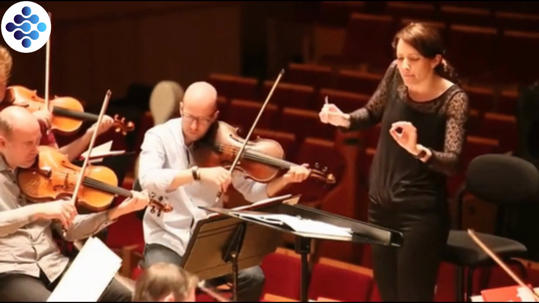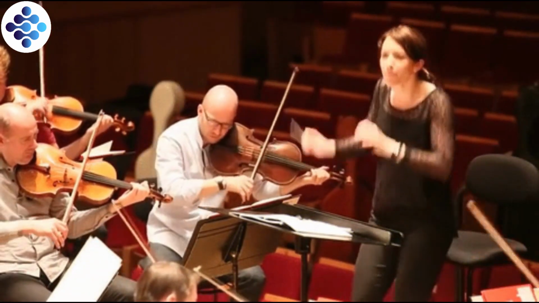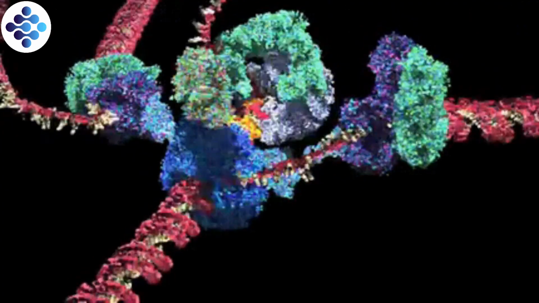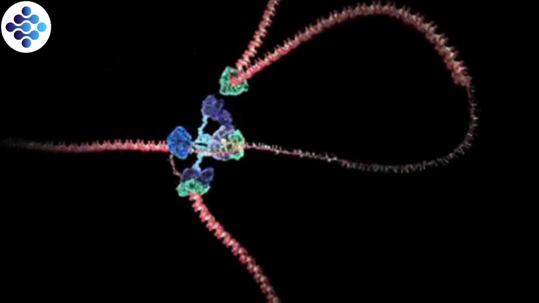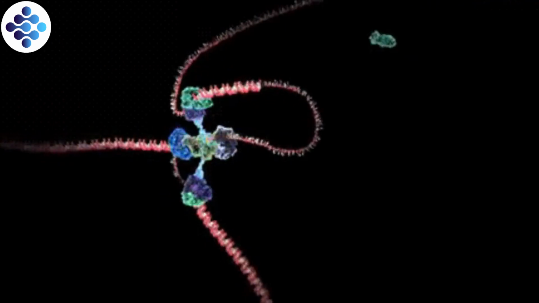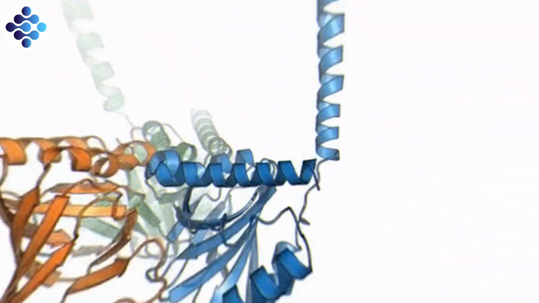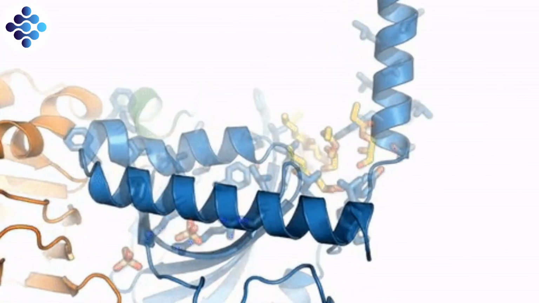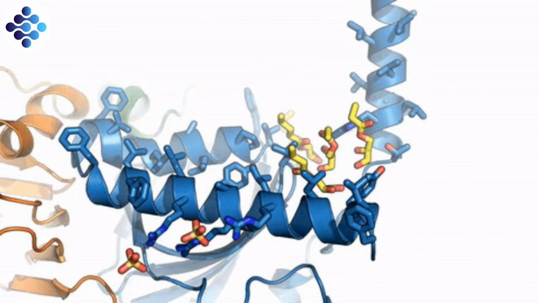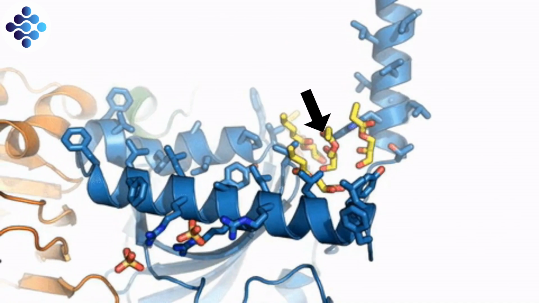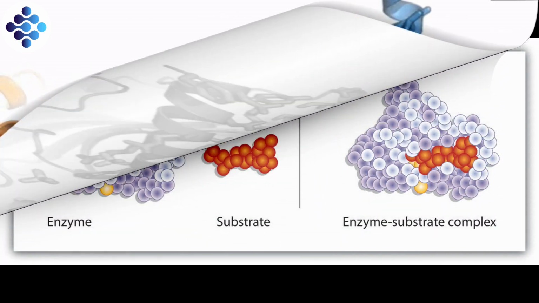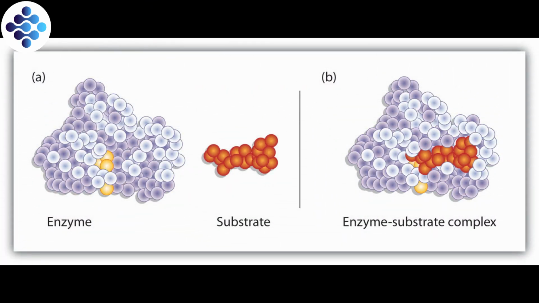Now this is a very well orchestrated process. Correct folding of amino acids is vital so that they form a unique 3D structure, and that is something which would be acting as an enzyme. Now in an enzyme there are specific regions which are called the active sites, and on these active sites substrates would be acting.